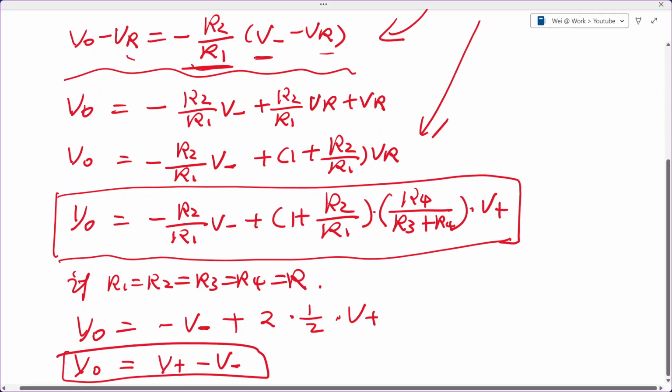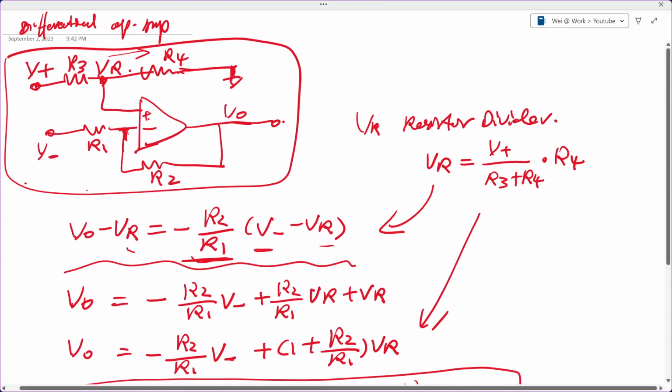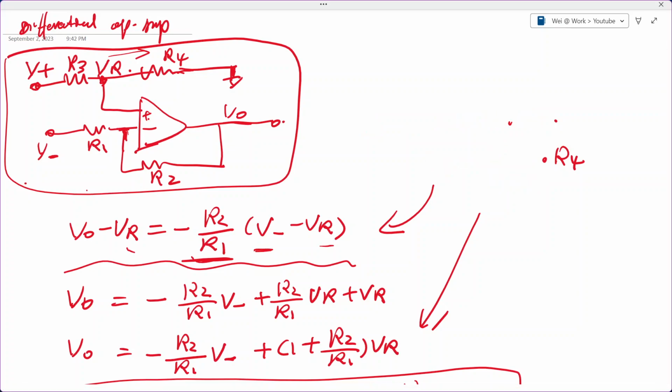If all the resistors have the same value, V out equals V plus minus V minus. That's the difference amplifier, right?